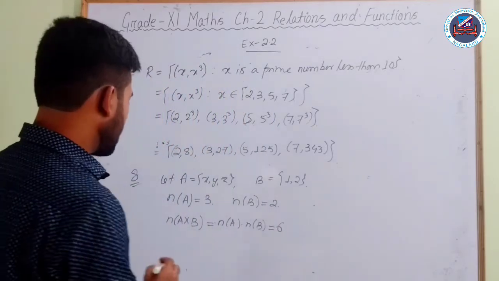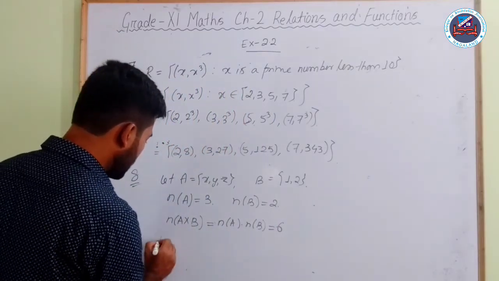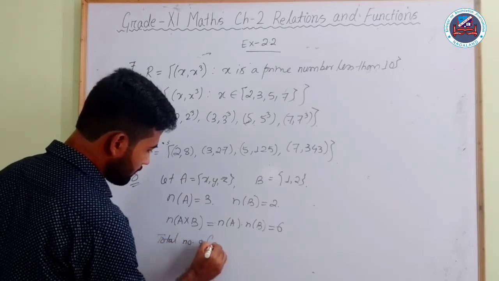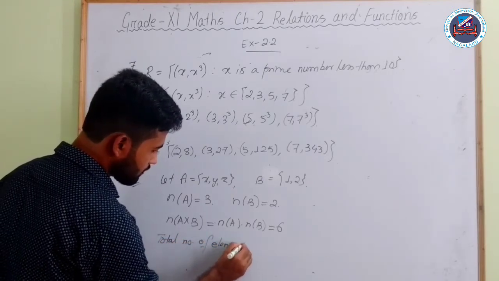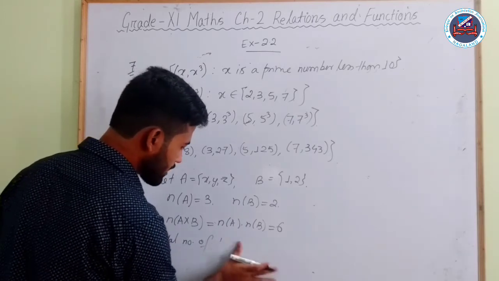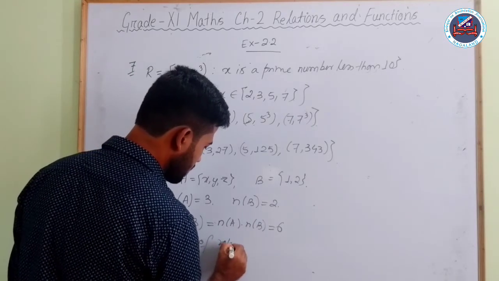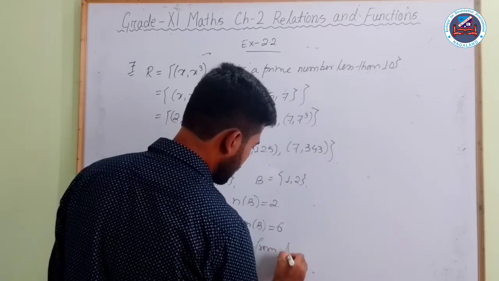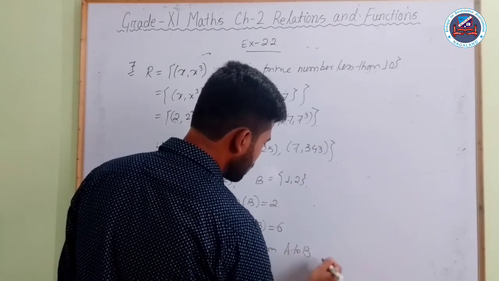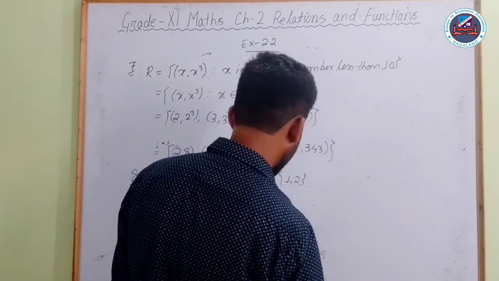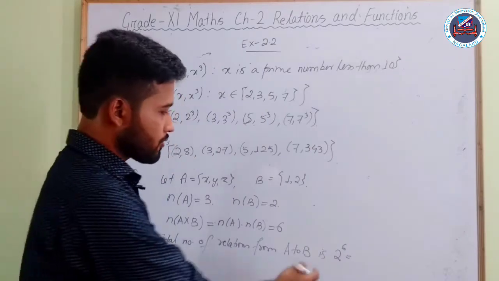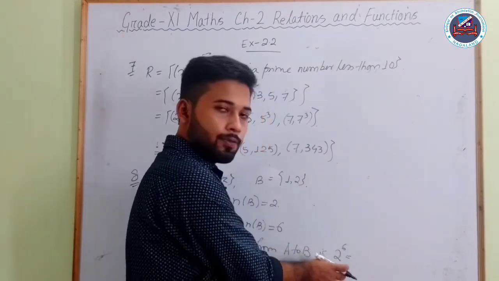Now the total number of relations from A to B is given by 2 to the power 6. From where have we got this?